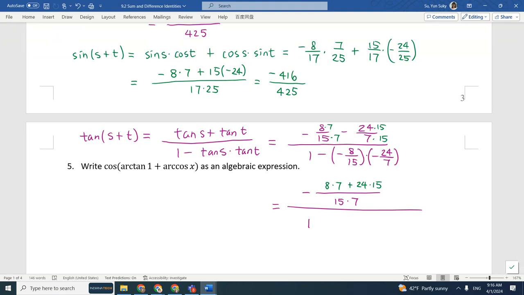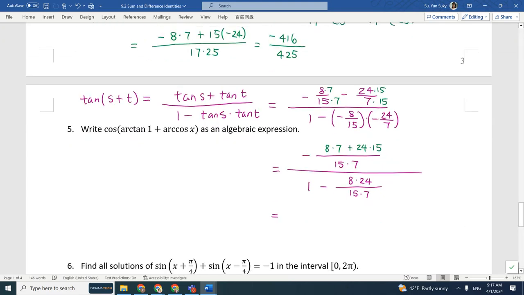Let me ask you, 3 negatives multiplied together, what do you get? Negative. So negative 15 times 7, 8 times 24. Right, everybody? Now we get a minus, and you can compute. What is 8 times 7 plus 24 times 15?